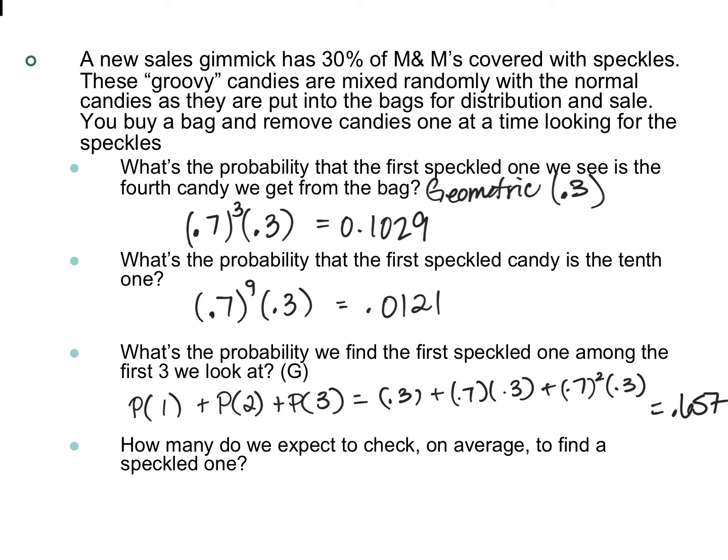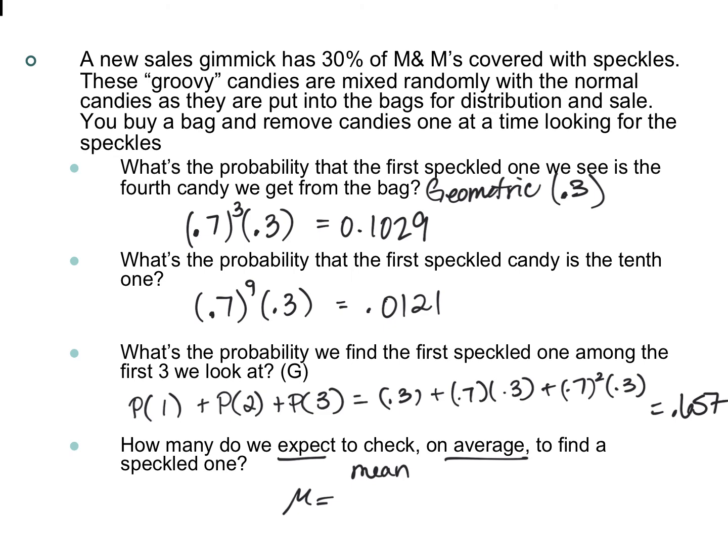And the last question here is, how many do we expect to check on average to find a speckled one? Expect and average tell us what? Those are two words that clue us to the mean.